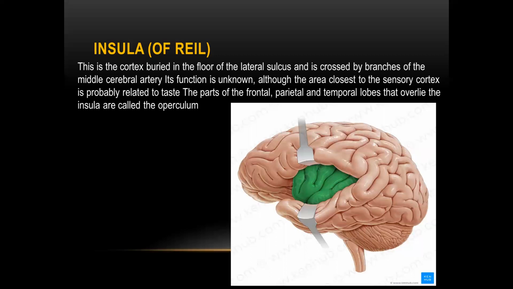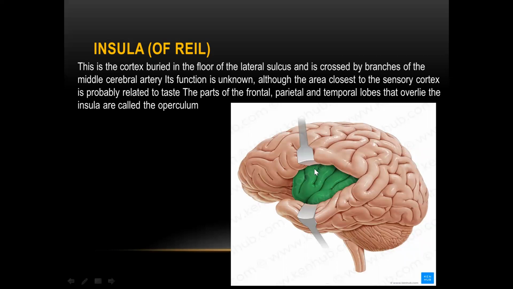There is another part of the cerebral hemisphere called the insula of Reil, which is located deep to the parietal and temporal lobes.